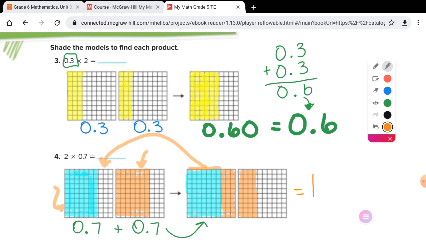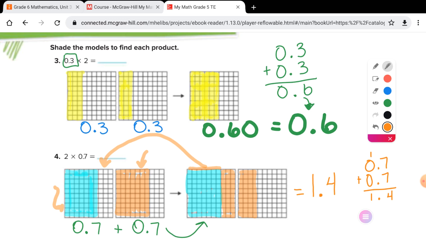Haley? 1 and then a decimal point and then 4. Yeah. 1.4. Is that what you said? Okay. I could check that, check my repeated addition out here to the side. Did I get the same answer?